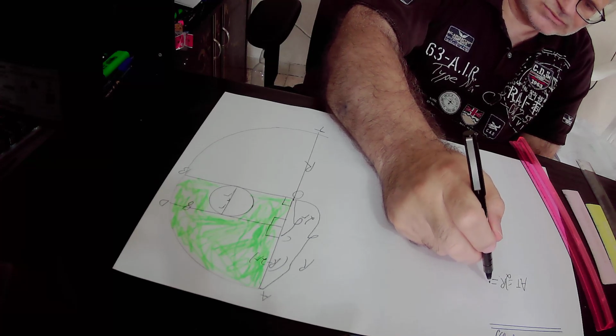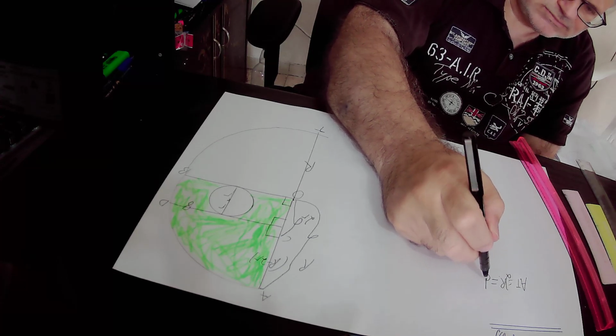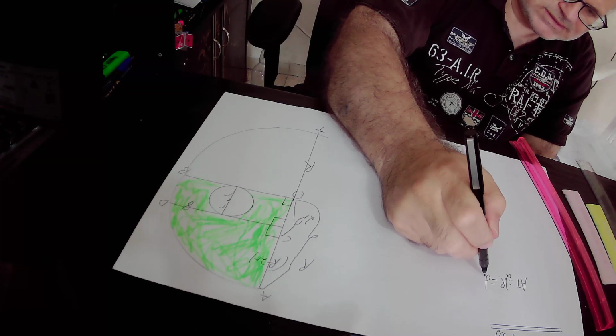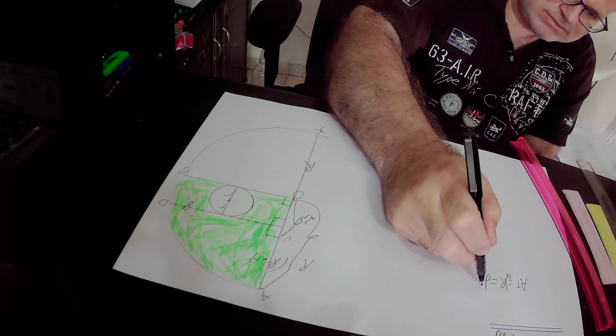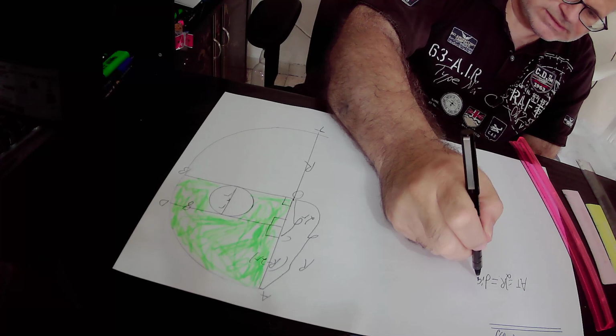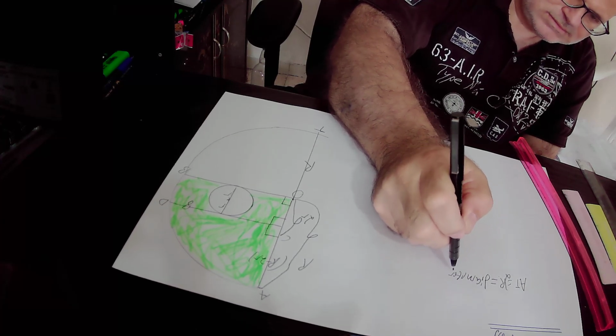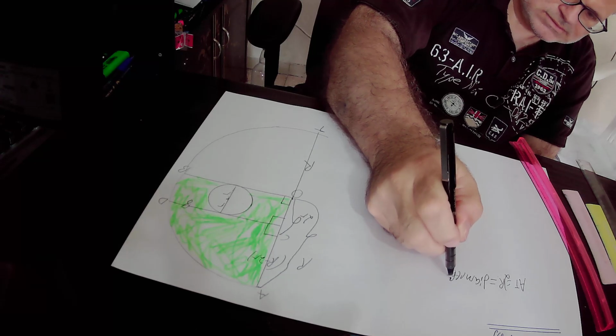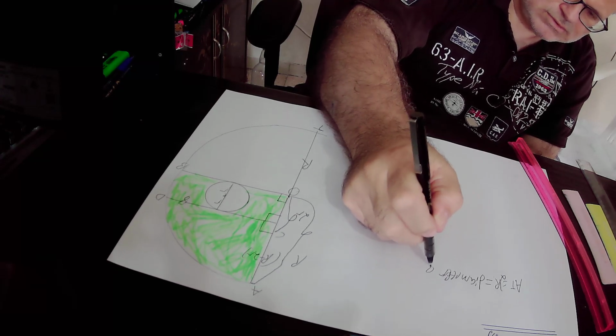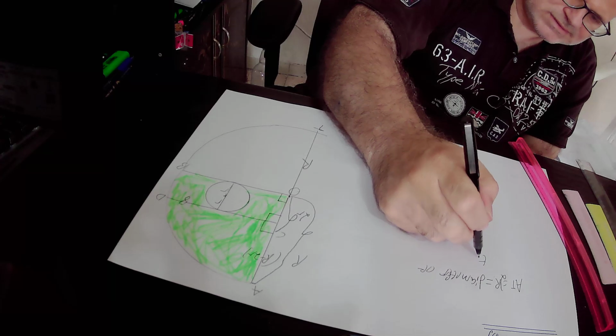So AT, which passes through the center of the semicircle, must be the diameter of the semicircle.